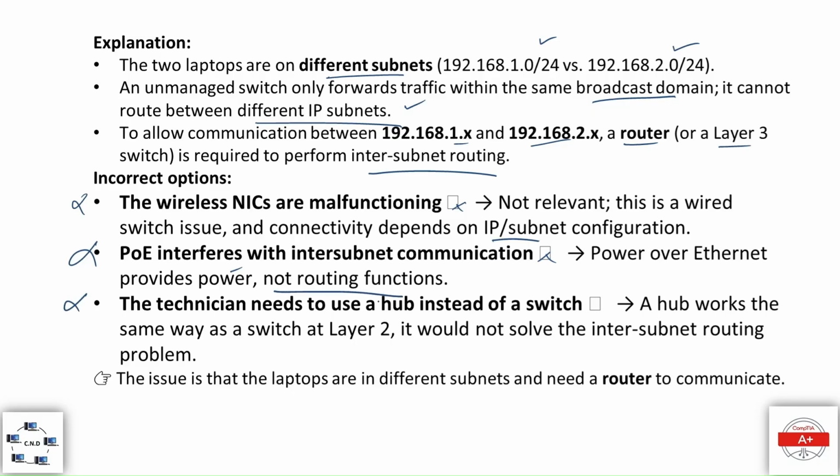And the technician needs to use a hub instead of a switch. A hub works the same way as a switch at layer 2. It would not solve the inter-subnet routing problem. So the issue is that the laptops are in different subnets and need a router to communicate.